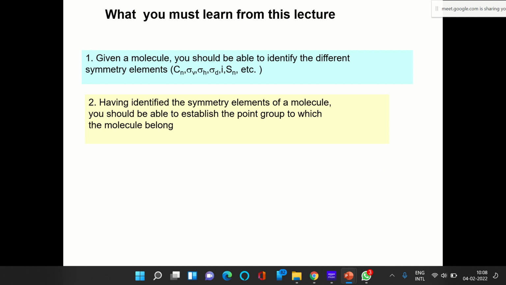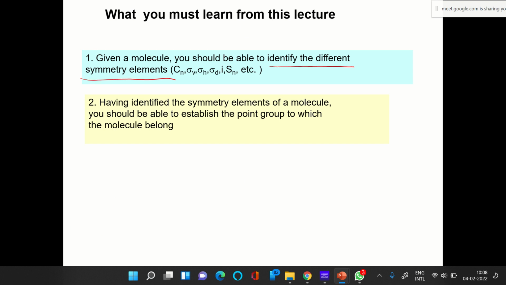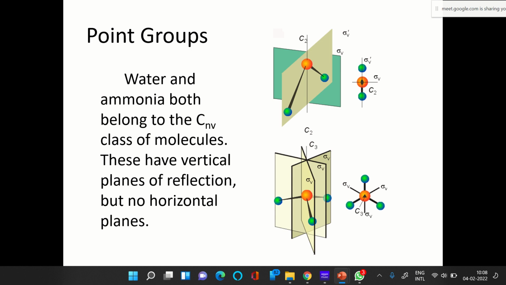So this is the point: you should now be able to identify the symmetry elements present in a molecule. And once you have identified the symmetry elements, you should be able to find the point group. Taking the example of water, it is easy to go further.